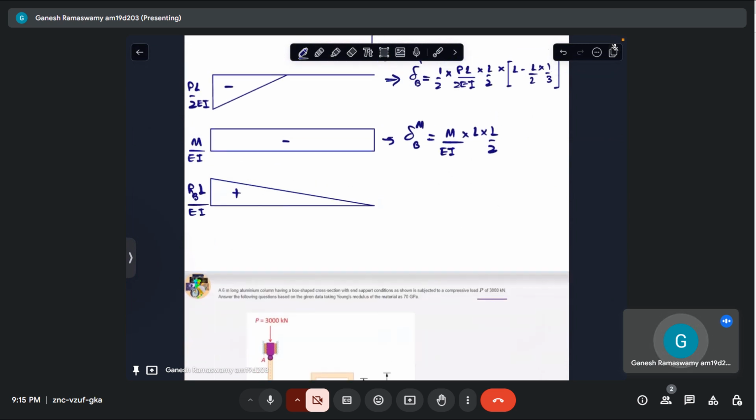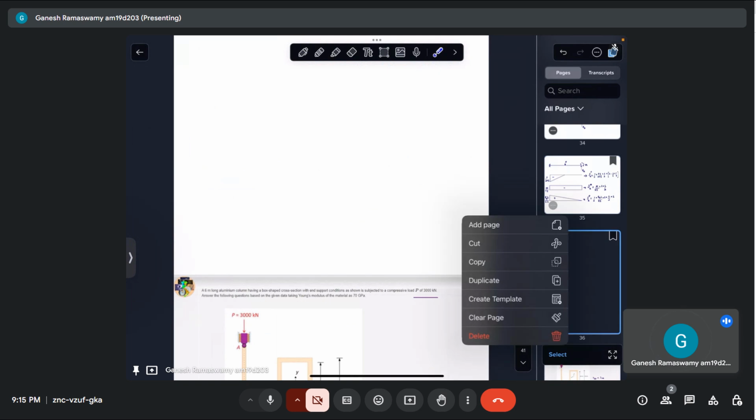For the third case, it is the moment of area of this M by EI diagram about this point, which is half into RBL by EI into L into 2 by 3 into L. Because its centroid is over here, this is 2/3 of the base. So I just need to add these quantities up now.